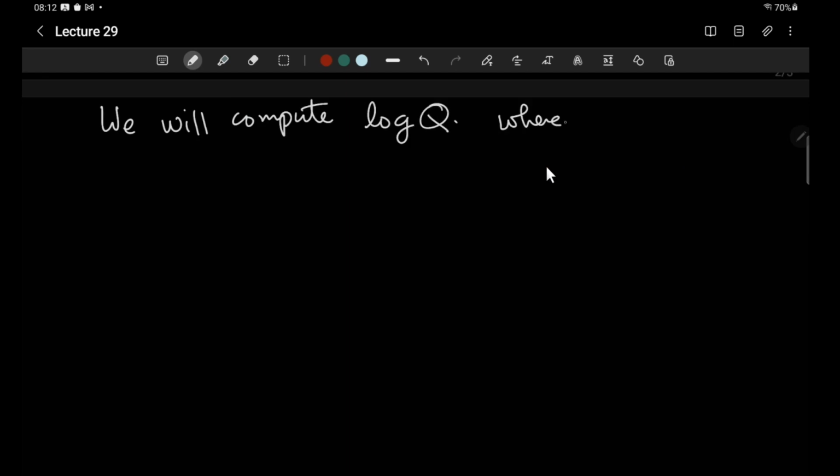Okay, so now we are ready to do our computation. What we will do for the moment is write a formula which is true for both. So we will compute log of Q, where Q is the grand canonical partition function.